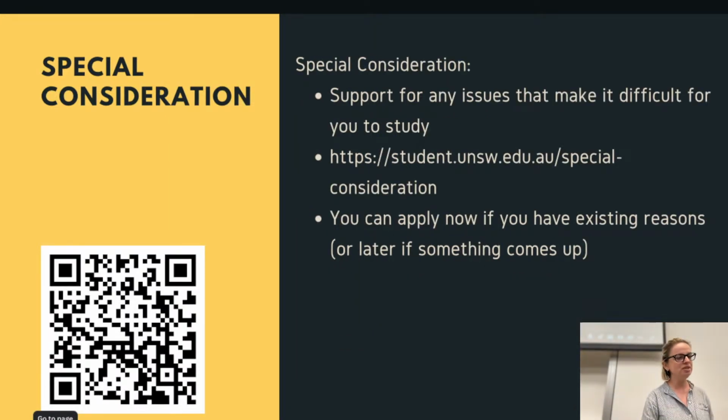Okay, there is also this thing called special consideration. You may not make it through the next 10 weeks without getting sick or getting a cold, or hopefully nothing more than getting a cold. But if you're not well, you cannot do your work at uni, or you cannot meet the deadline because you are unwell, go to the doctor, get a medical certificate and apply for something called special consideration, which is able to give you an extension on whatever it is that is due.